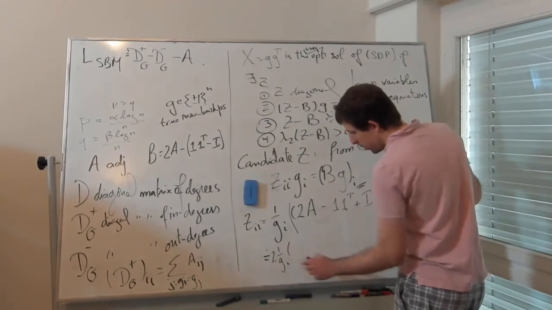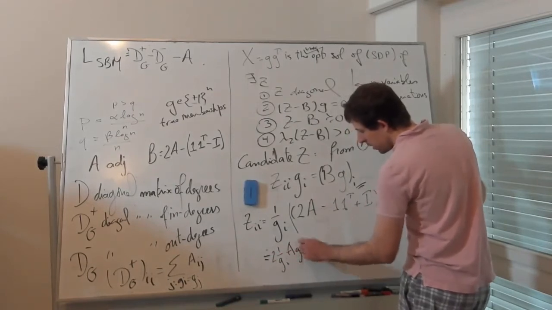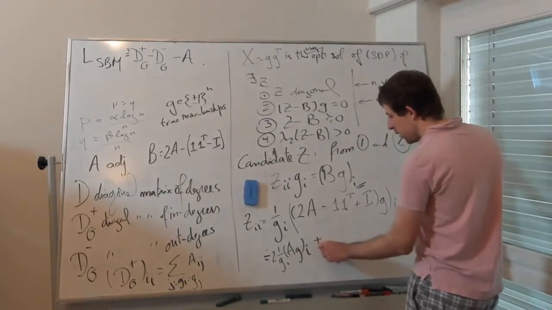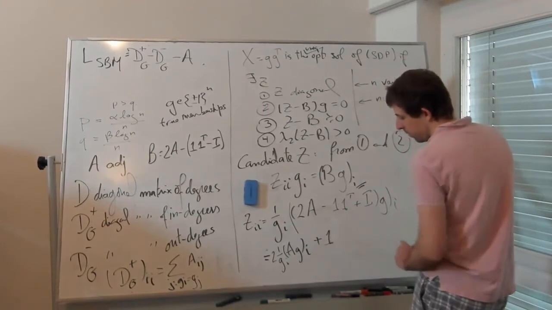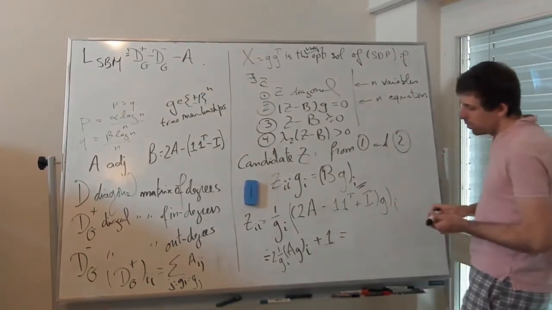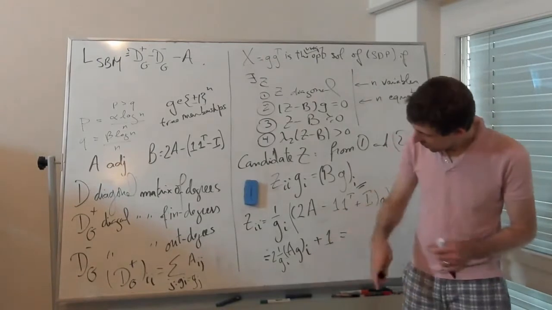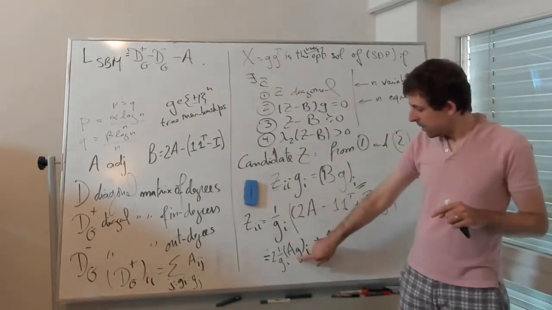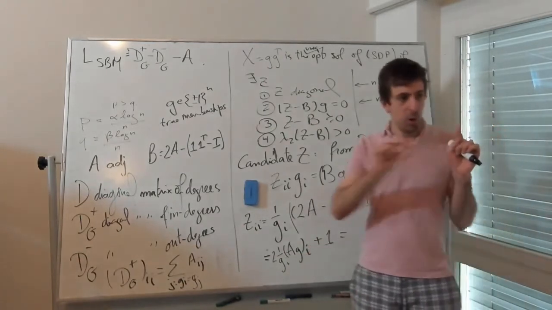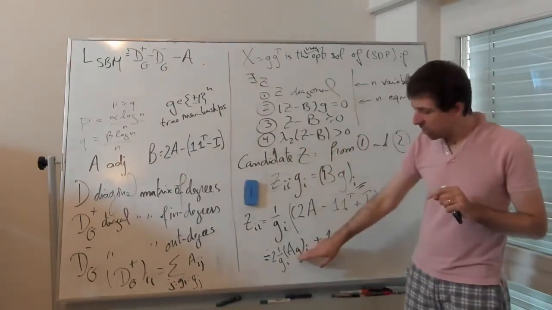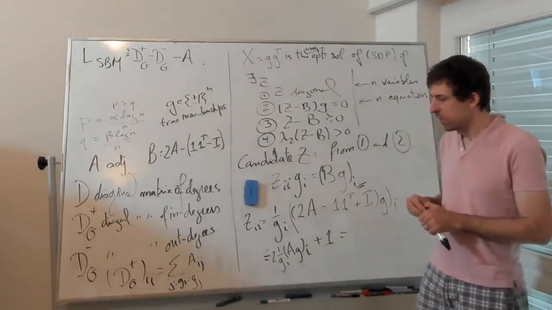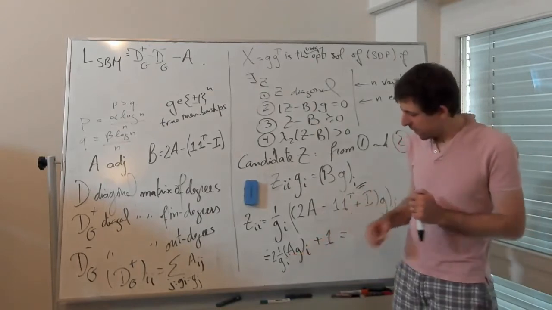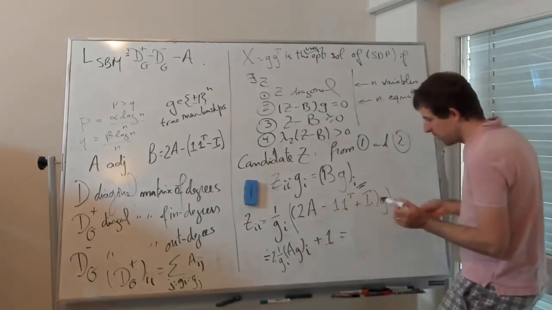So we have 1 over g_i times 2, I can take a 2 here, A g, entry i, plus 1 over g_i times g_i, which is just 1. But so what is this? I'm taking Ag, all it's doing is summing. It's taking the sum over the row of A of A_ij g_j.